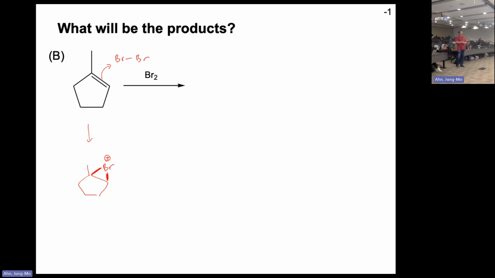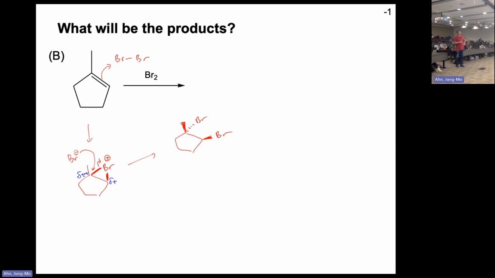This more substituted carbon can lose more density because the methyl group can help it out. The other one doesn't have enough electron density. So the more substituted carbon will get more electron deficient, and that's where the leftover bromide is going to make an attack. So the nucleophilic bromide is going to attack the more substituted side. And the bromine on the less substituted side is the one from the bromonium ion.